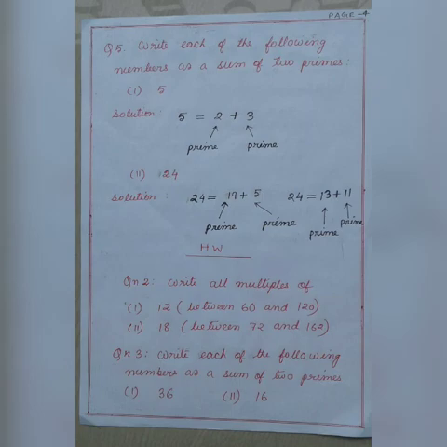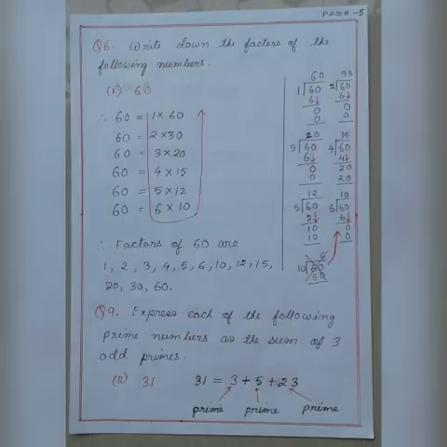Question number 3, write each of the following numbers as the sum of two primes. 1 is 36, number 2 is 16. Number 6, write down the factors of the following numbers. I have taken question number 1, 60. So I shall try to find the factors of 60. 60 divided by 1, I get 60.